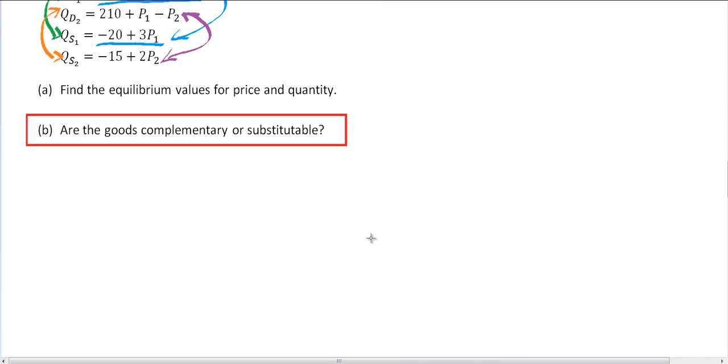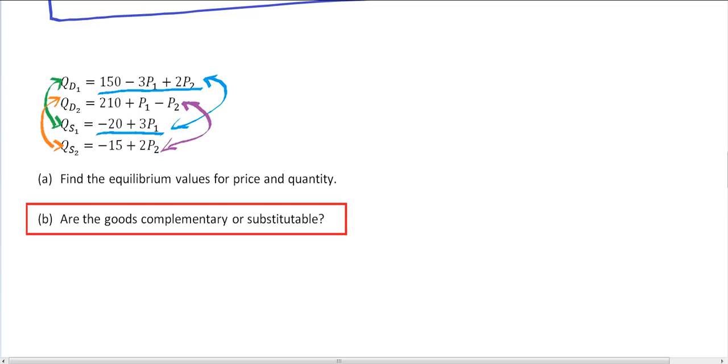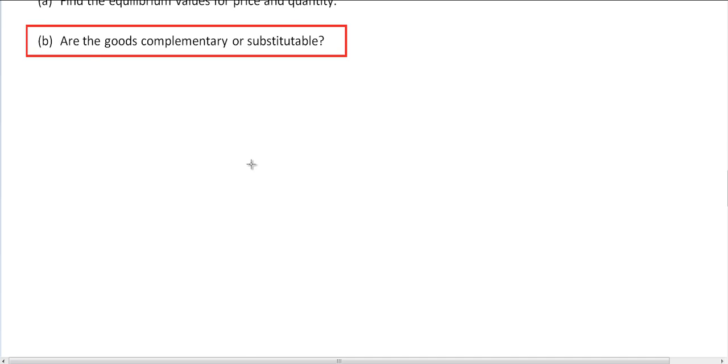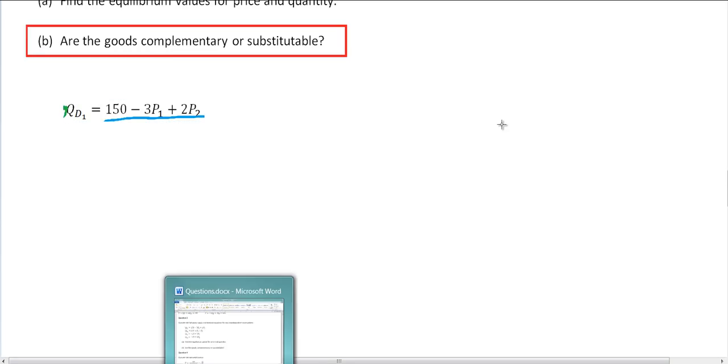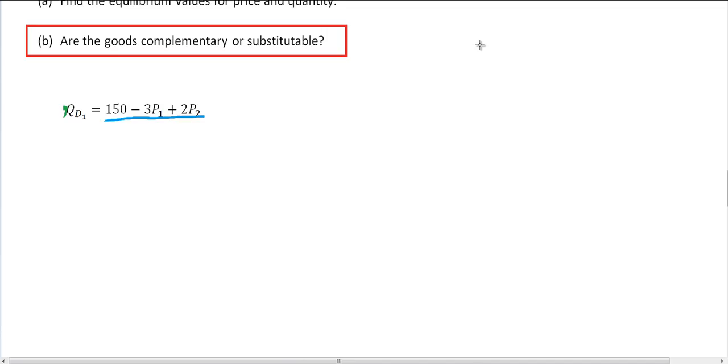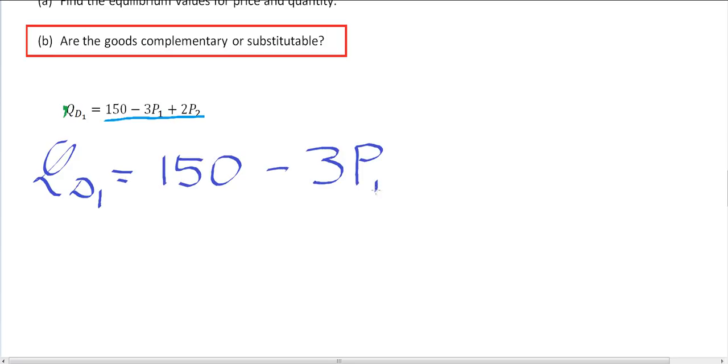So let's just take good 1 first, okay? So we have the demand for good 1. Let's just take it as this equation here. There's the demand for good 1. Now I know I have a lot of writing done over it. So the demand for good 1, I just write it a bit bigger here. We have QD1 equals 150 minus 3P1 plus 2P2.